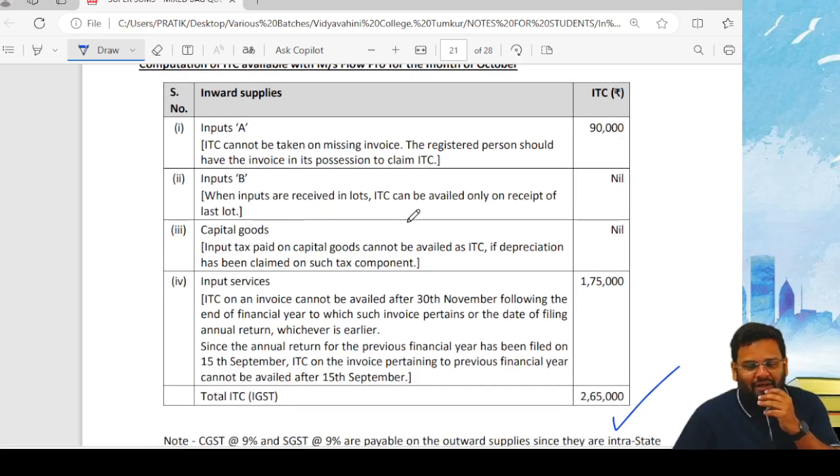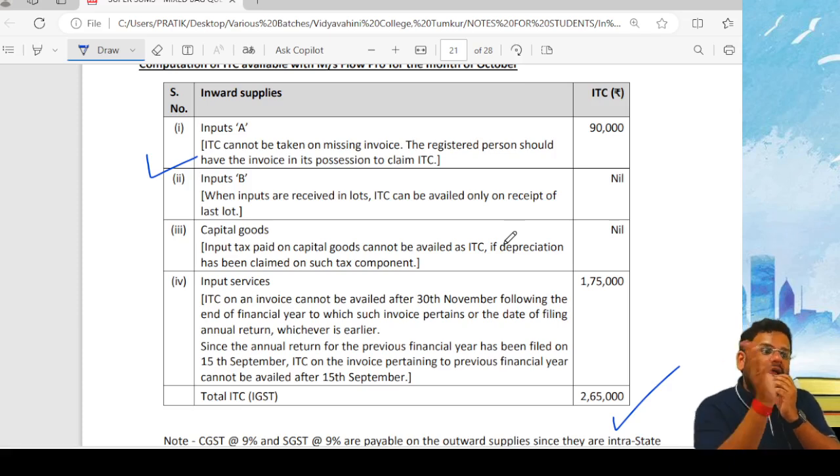Then you will have a note for why you have taken ITC only of 90,000, not of the full 1 lakh. Why have you not taken it on that 10,000? The invoice was missing, so 16.2's condition was not satisfied. And what about input B? Why have you not taken it? Because it can be claimed only on receipt of the last lot.